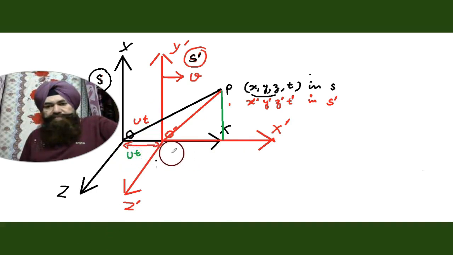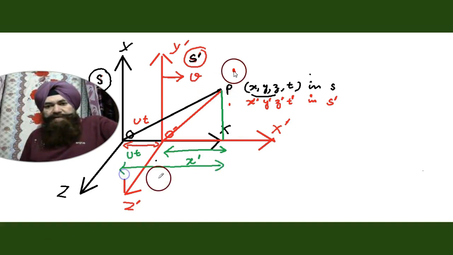Now this distance is already defined, Vt, and this we call x dash, the x position with respect to the S dash frame from O dash, right?